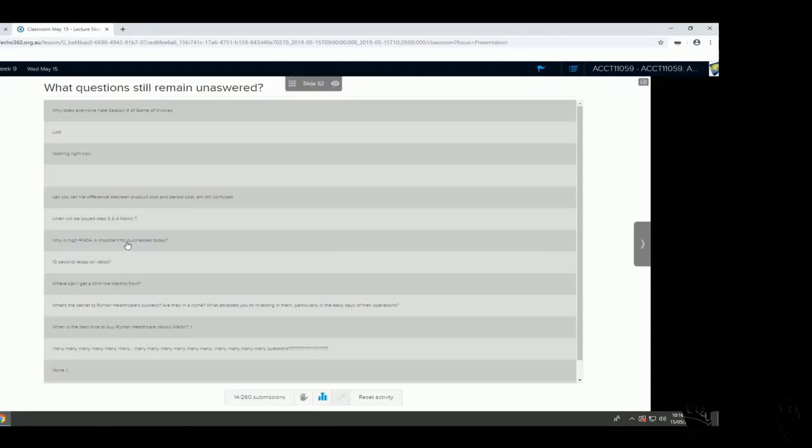Also, we will be giving feedback, of course, on steps 3 and 4, and for some people you'll need to tidy up your spreadsheets a little bit in your balance sheet, but we'll give you your answer for the restated income statement, so you won't need to do anything for that if you've made an error in that. Why is high return on net operating assets important for businesses today? Great question.